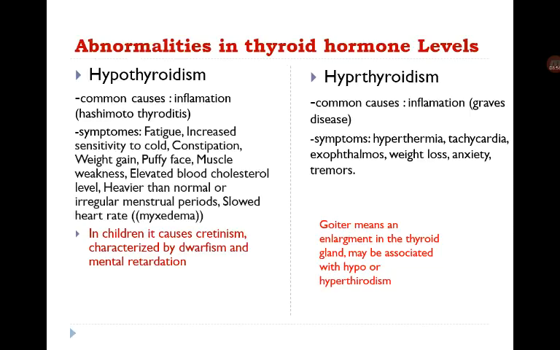For example, deiodinase enzyme deficiency is a very common problem that may cause congenital hypothyroidism. Sometimes inflammation, autoimmune bodies that do not activate the receptors, instead they attack and destroy the cells, may cause what is called Hashimoto thyroiditis, which is an inflammation in the thyroid gland.